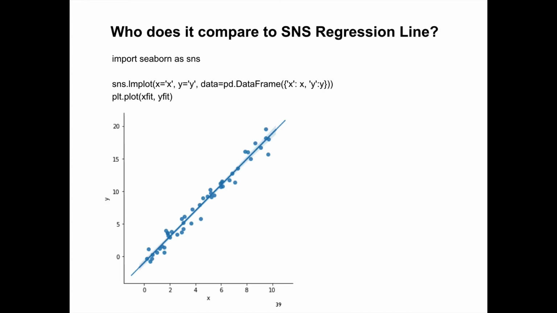And we did it before, right, with Seaborn. And so what I did is I did both plots, the X fit and the Y fit from the previous slide, on top of the Seaborn plot.